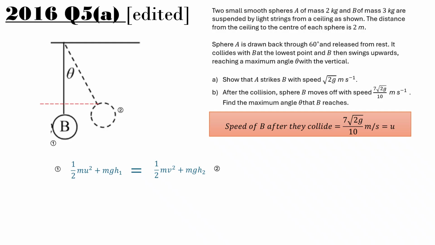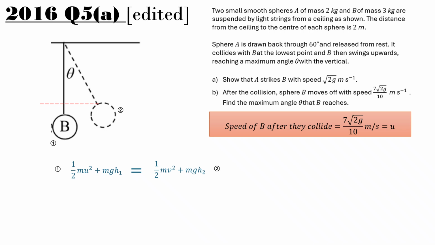So let's sub that in. Oh, sorry, we actually can't sub that in yet because I have no height. So we know height 1 is going to be our 0. We know our u. We're looking for our v. And no, sorry, we're not looking for our v because our v is going to be 0 because it's going to stop up there. We're looking for angle theta. So we need to fill in our h2.